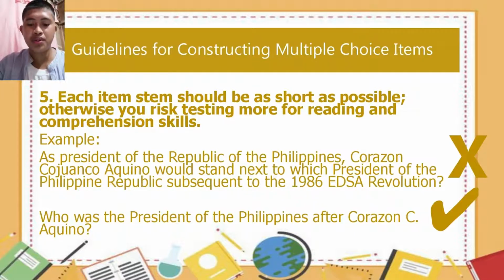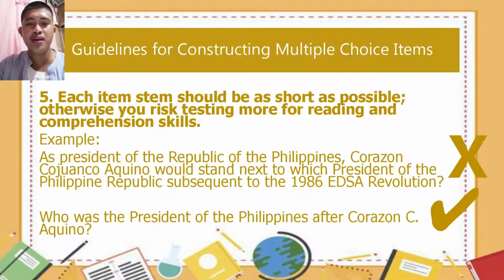Let's go to the fifth guideline for constructing multiple choice items. Each item should be as short as possible. Otherwise, you are risking testing the reading and comprehension skills of the students. So it is better to use short or direct questions, for example: Who was the president of the Philippines after Corazon C. Aquino?